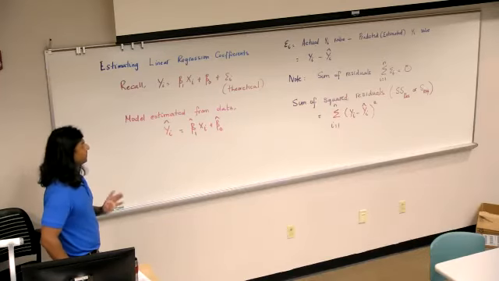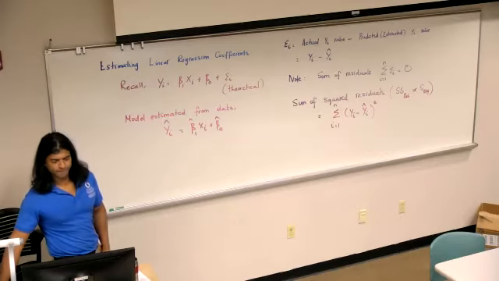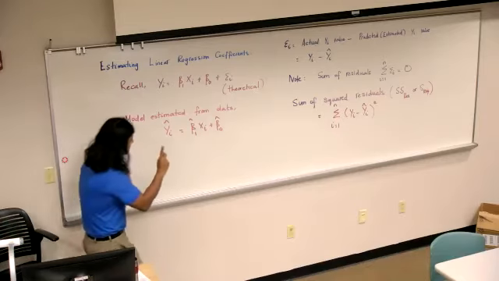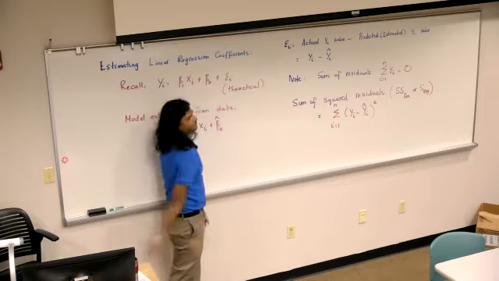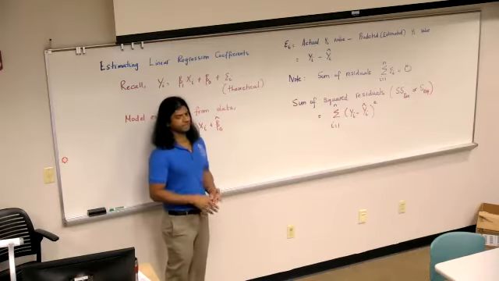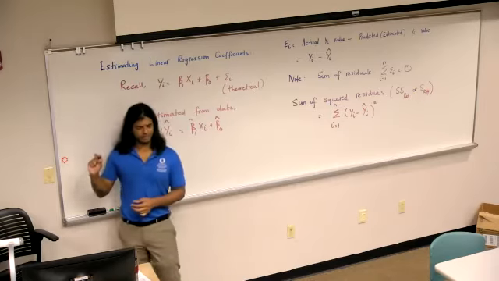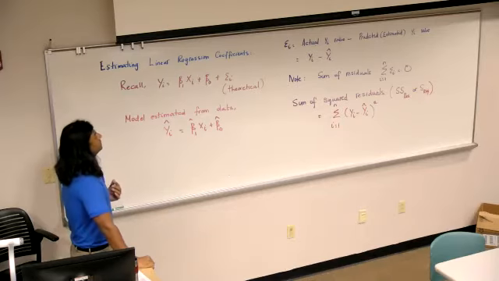Getting rid of epsilon i. Can you tell me why? Theoretically, epsilon i would become 0, so we can control that. But in practice, it is not going to be 0. It'll be somewhat small. That's what one would hope.